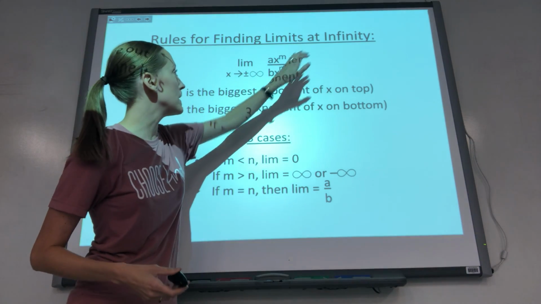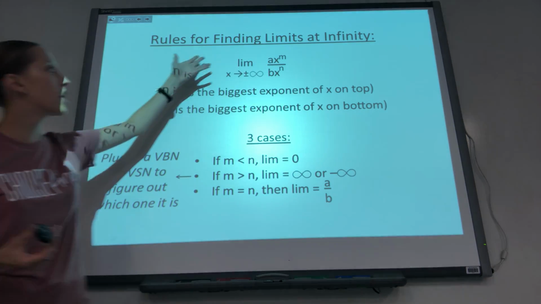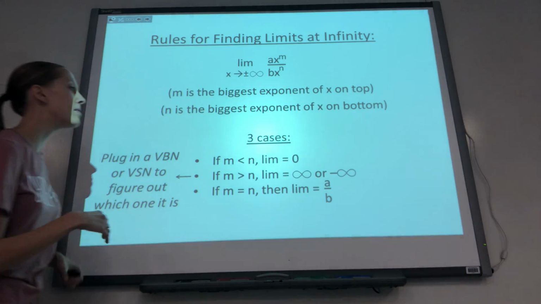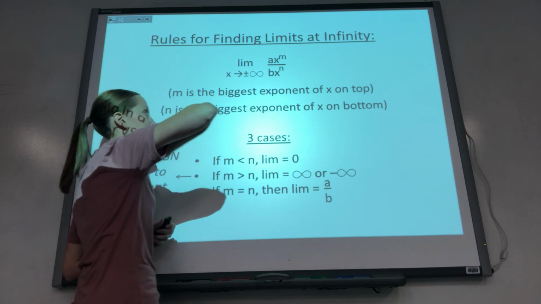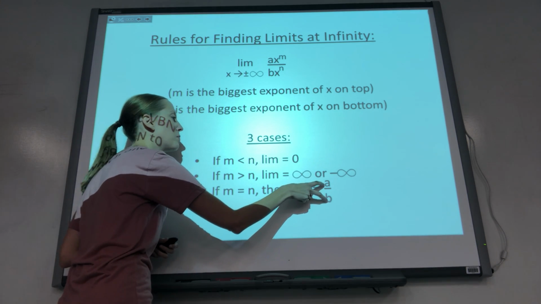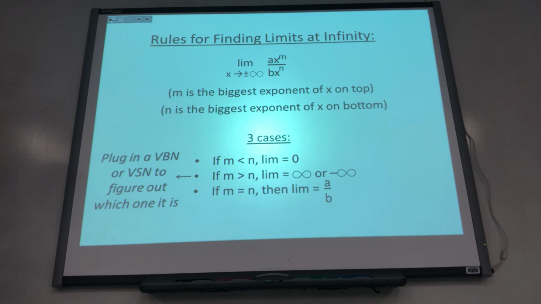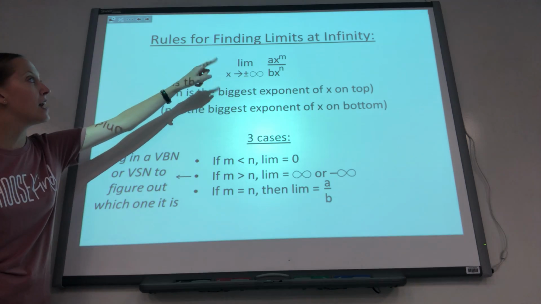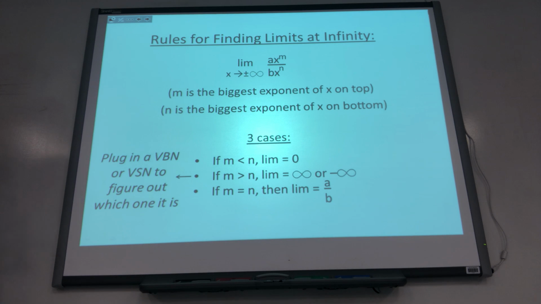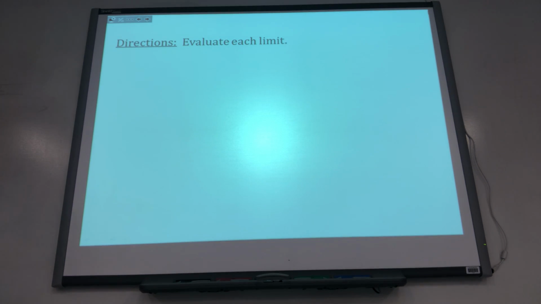Again, there could be more than one term on top or on bottom, but the coefficients of the biggest powers of x are what you pull out if m equals n. That's how you would figure out your limit. Okie doke. So everything depends on m and n. That's the first thing that I'm going to figure out with each problem.